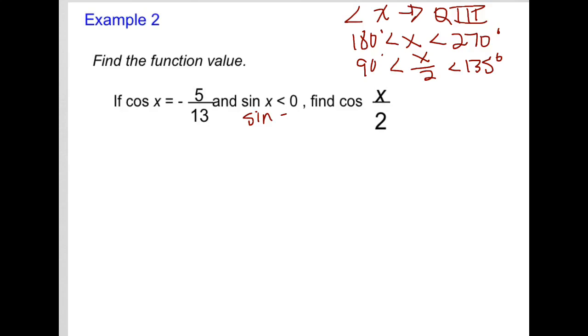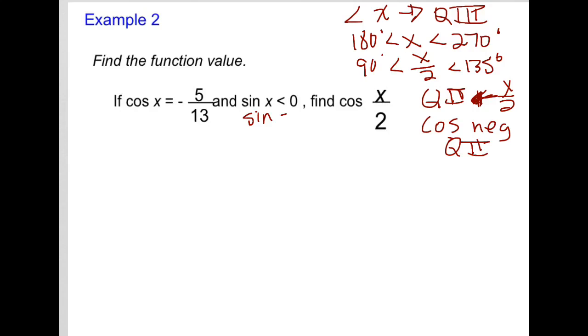It means x over 2 is in quadrant 2. And cosine is negative in quadrant 2, so I need to use the negative version of the half-angle identity. Because I'm trying to find cosine, I'm going to use the half-angle identity of cosine.